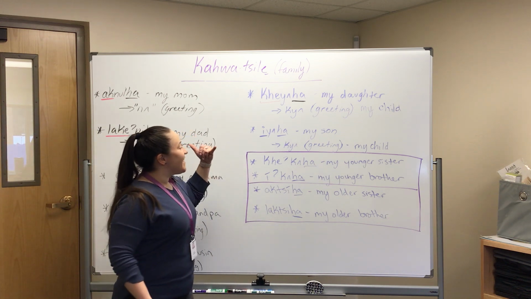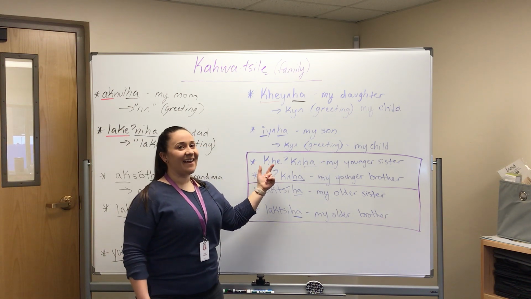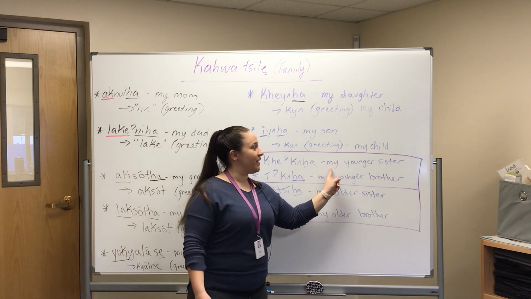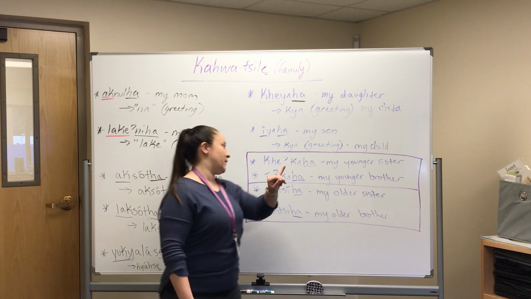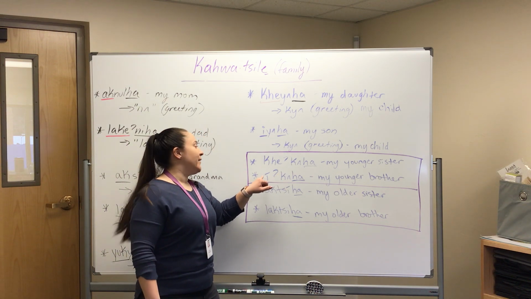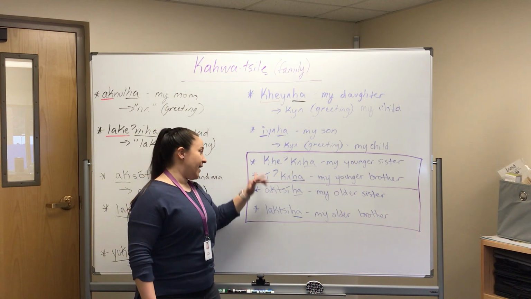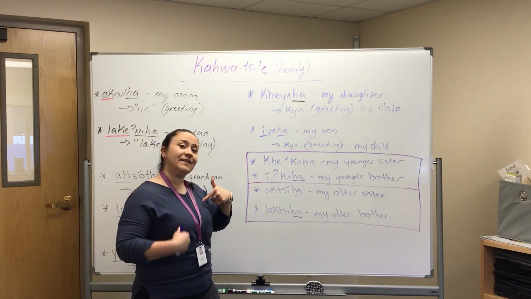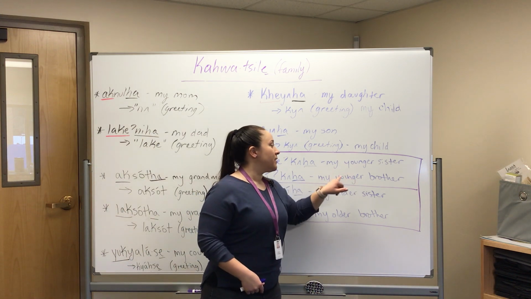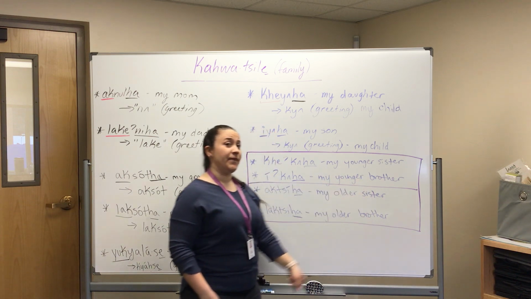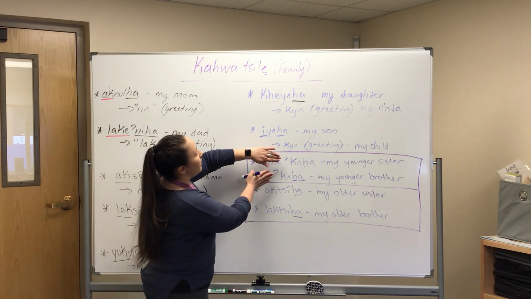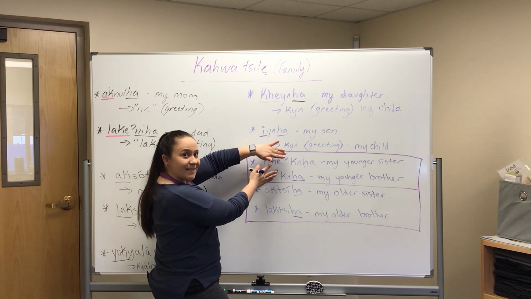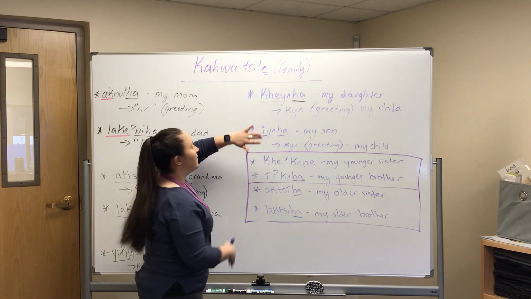A lot of times K, K-H-E has to do with me to her. In this case, my younger sister, me to her. That's where that's coming from. Same thing, li, he, or if it's in the front, the L will drop off and it'll be E, the I, as the pronoun, me to him. So my younger brother, me to him. The gaha still has to do with siblings, younger siblings specifically.